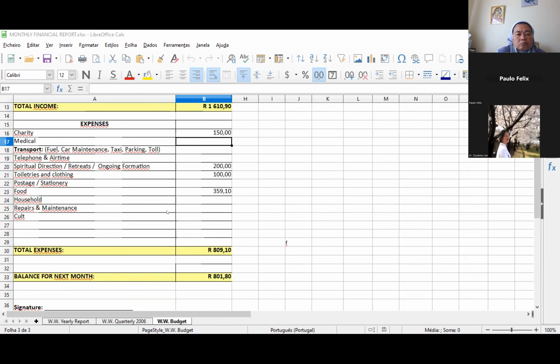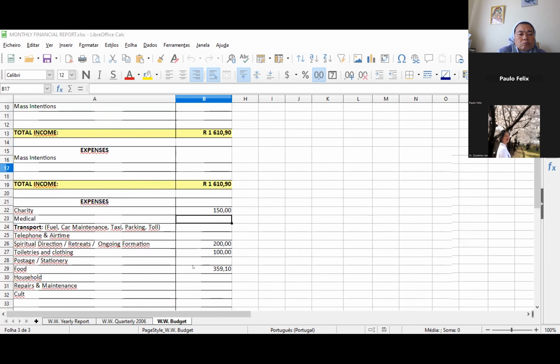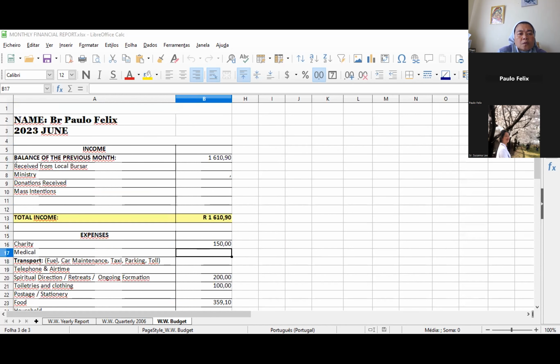So that is the expense, and I have a balance carried forward of 801 rand. When I give the report to the bursar, this amount 801 will be shown as the balance of the previous month. Then you continue with your activities. If you receive money from a person, or any ministry, donation, mass intentions or other entries, you register them in this allocated space.